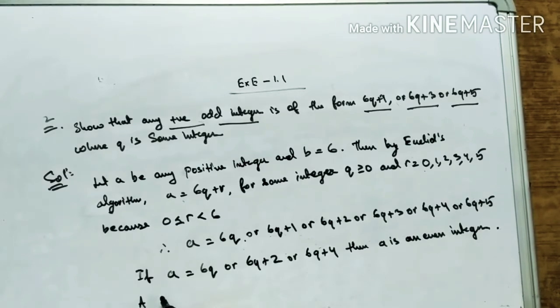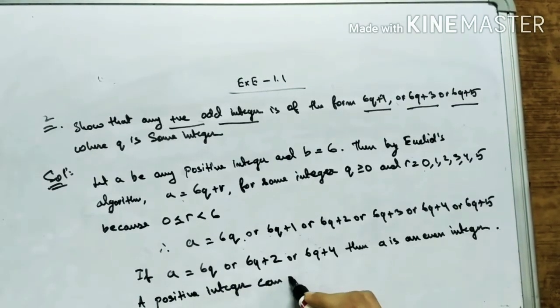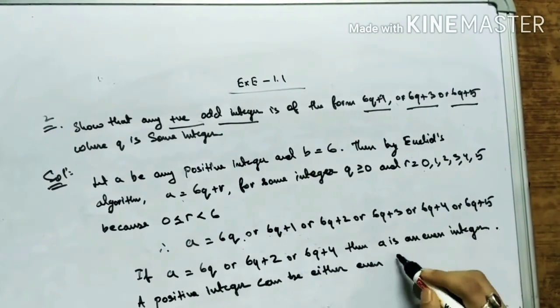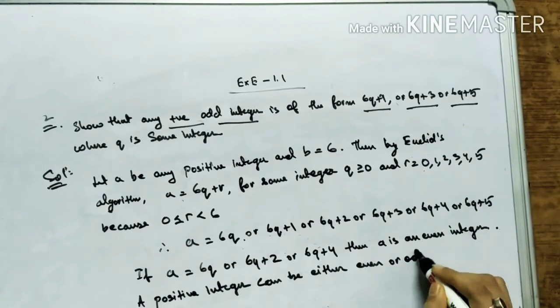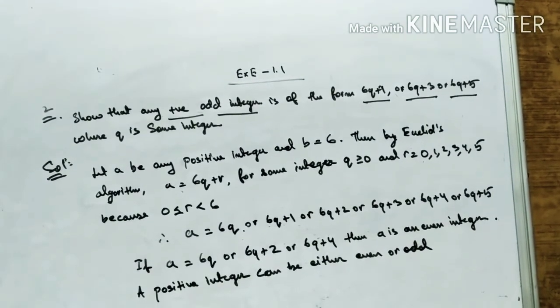Next I will write that a positive integer can be either even or odd. A positive integer can be either even or odd.